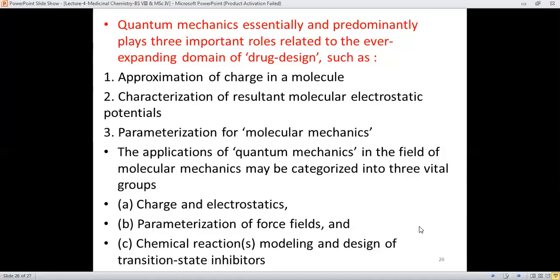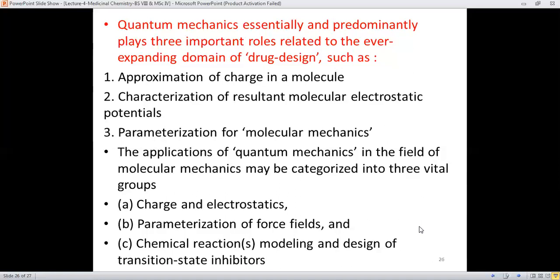And it may be categorized into three vital groups. What are these vital groups? These are the charge and the electrostatics. Number two is the parameterization of the force field. Next is chemical reaction modeling. And then next is the design of the transition state inhibitors. It means that for each reaction there are inhibitors, like for each enzyme-controlled reaction there are inhibitors as well.